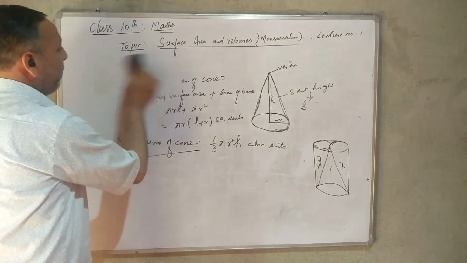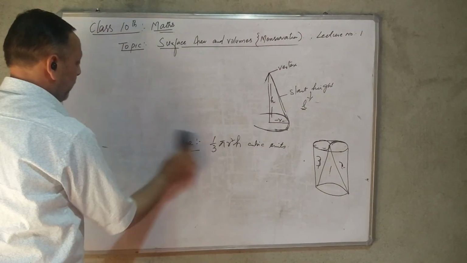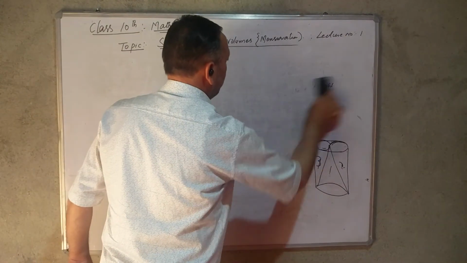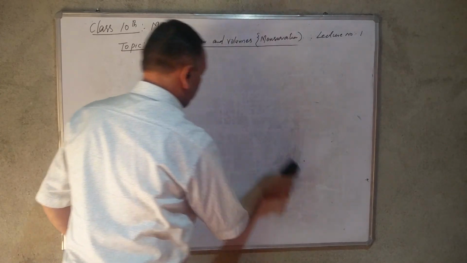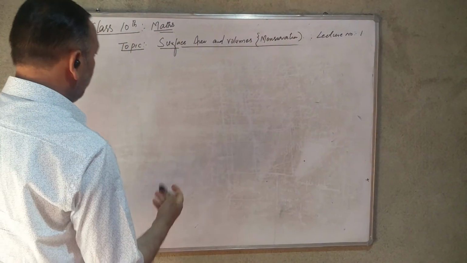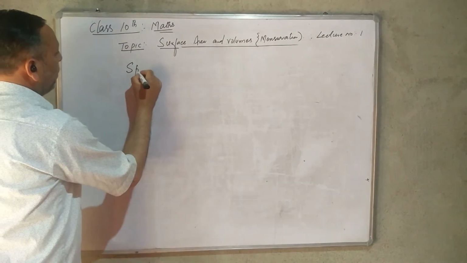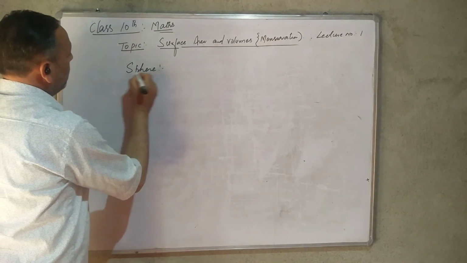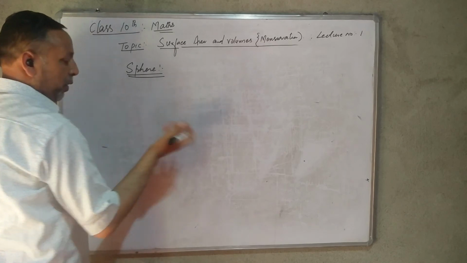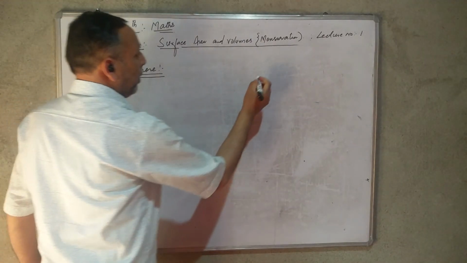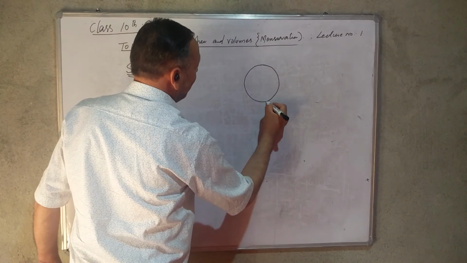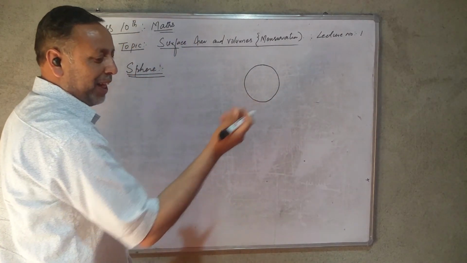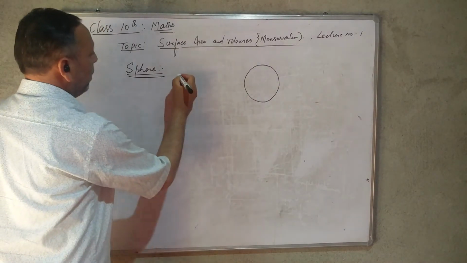Next is sphere. What is a sphere? It is also a solid where every cross section of the sphere is a circle, just like a football.